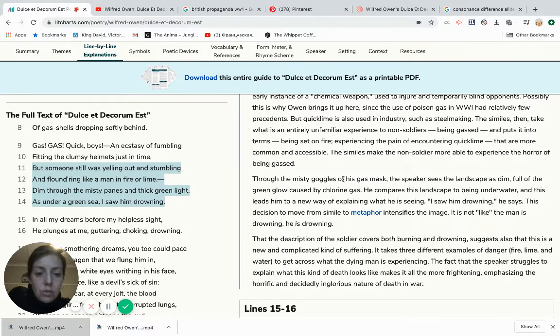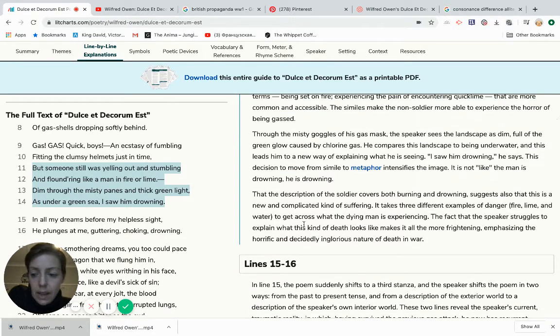This decision to move from simile to metaphor, I saw him drowning, even though he wasn't actually drowning, is a direct comparison, comparing breathing the chlorine gas to drowning. It intensifies the image. It is not like the man is drowning, he is drowning in gas that he can't breathe. That is killing him.